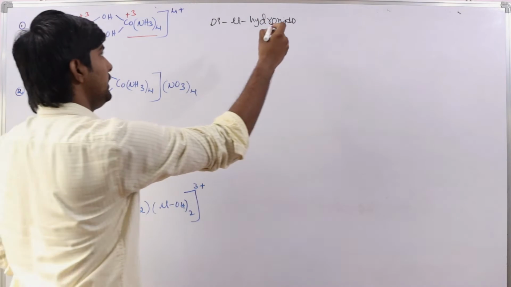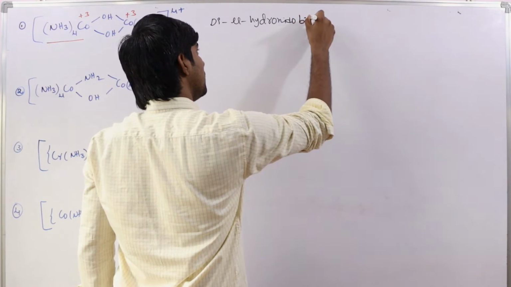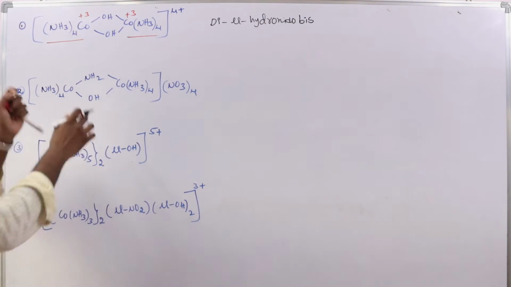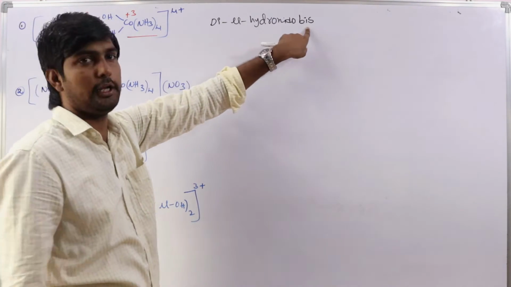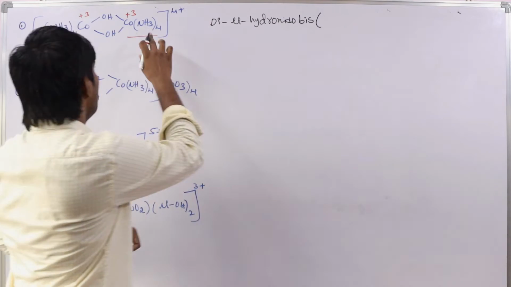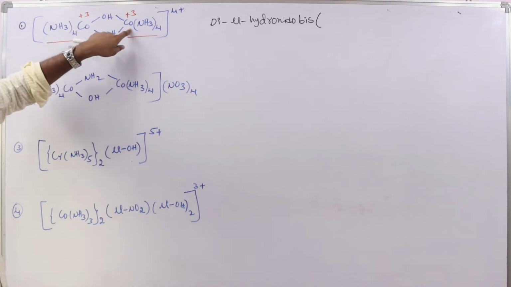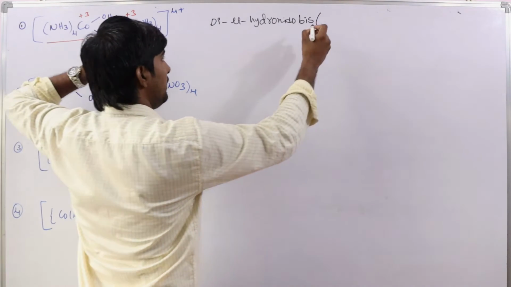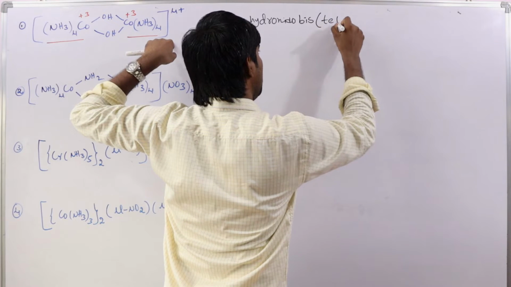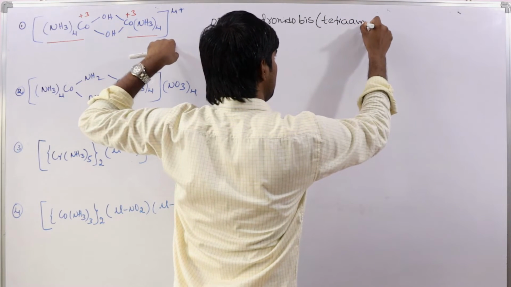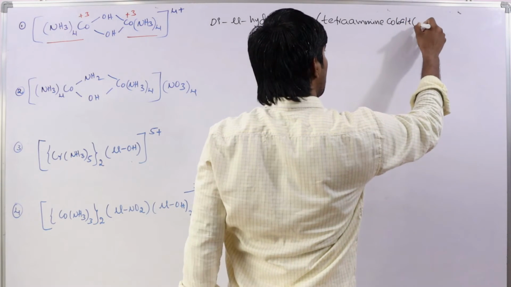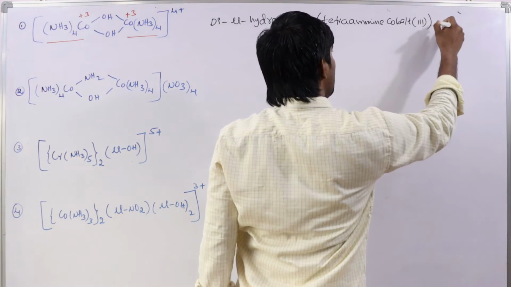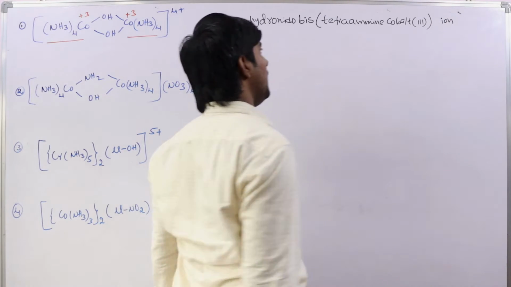Next, bis, because this unit is repeating 2 times. 4 amine ligands and 1 cobalt on each side, so we can write tetraamine cobalt 3 ion.